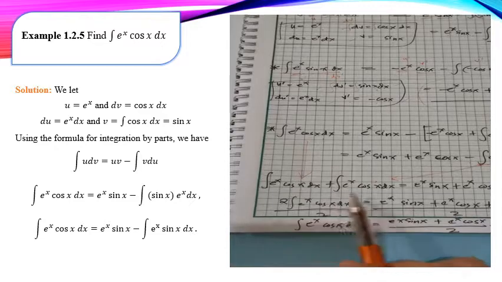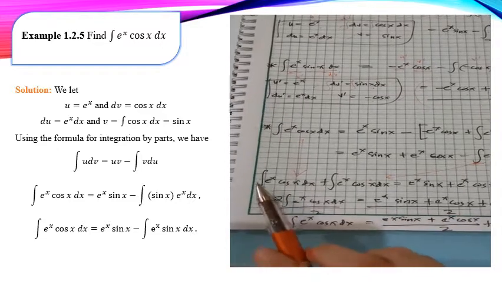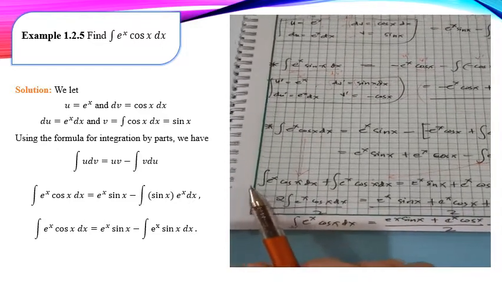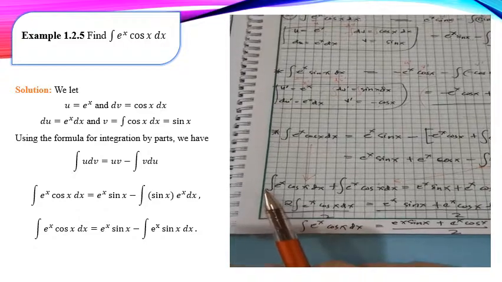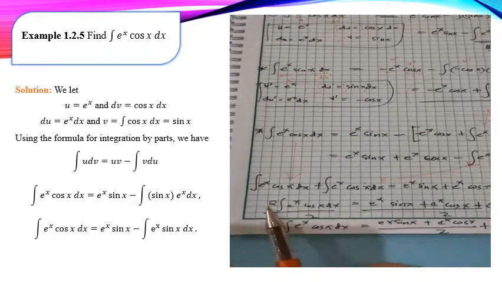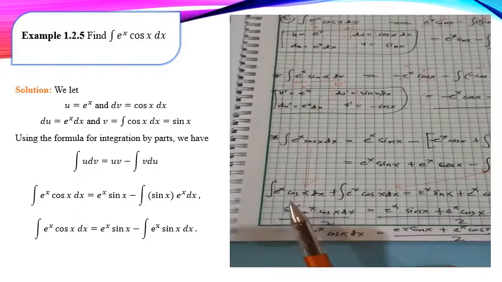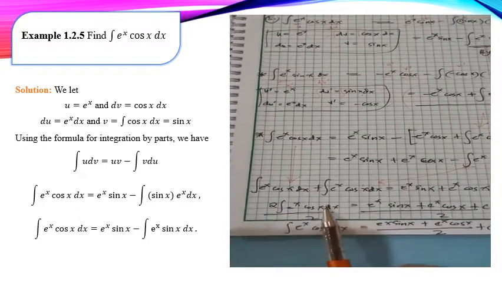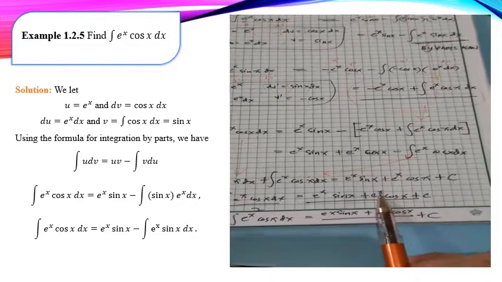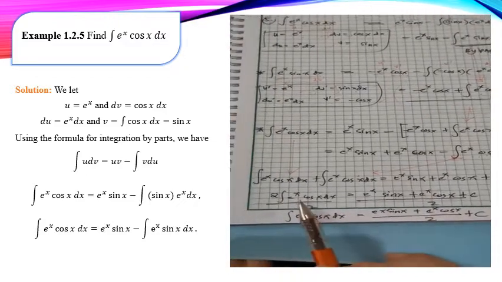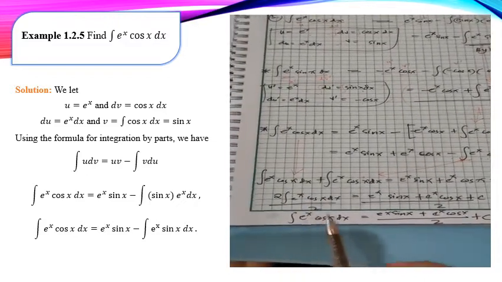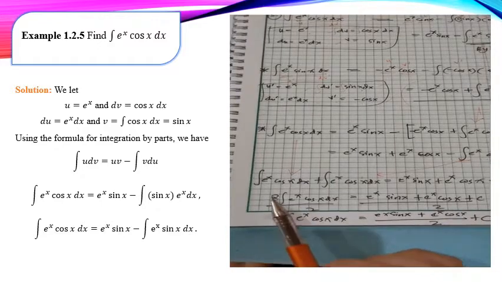Okay, so since parehas lang naman sila, we can simply add their numerical coefficients. So we have 1 plus 1 that is equal to 2. Just copy the term integral of e to the x cosine x dx. So bring down lang natin to yung nasa right side. So, para ma-arrive natin yung final na answer ng given natin, divide it both sides by 2.